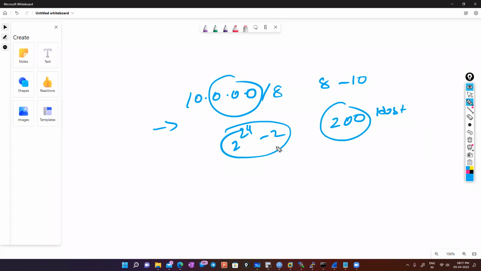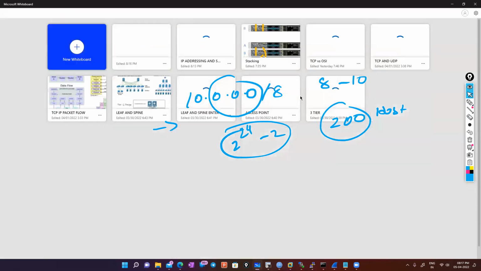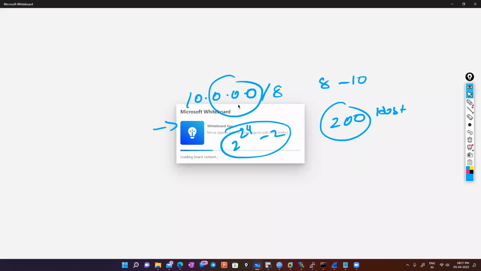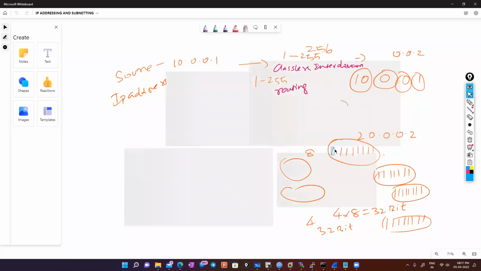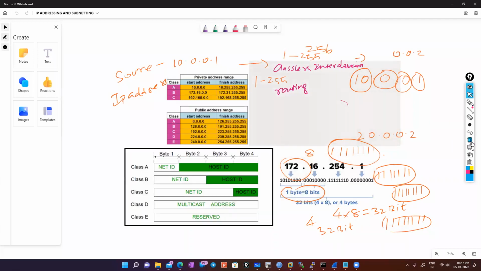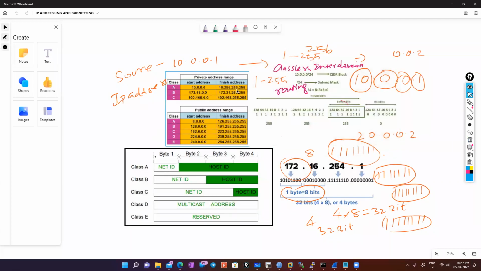So what I will do, I'll go back to this diagrammatical representation here. Now you can get what I'm saying. See, this is occupied, this is not occupied, so it's /8. Here they've given us a /24.